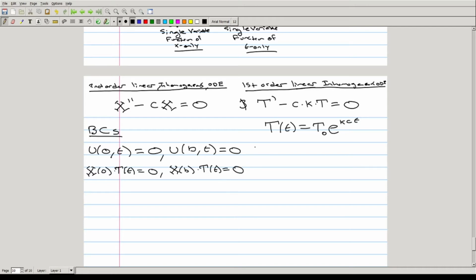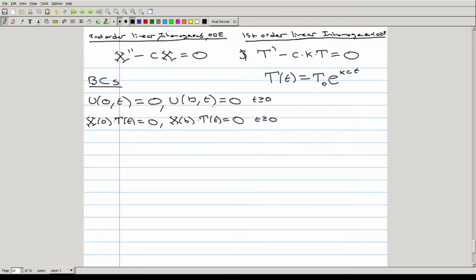And these have to be true for all values of t. So what this means is that we actually have to put specific boundary conditions onto x.